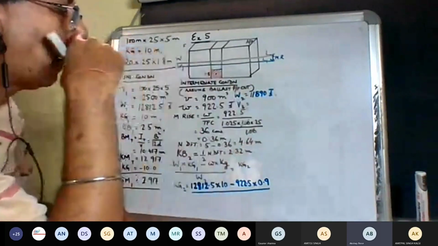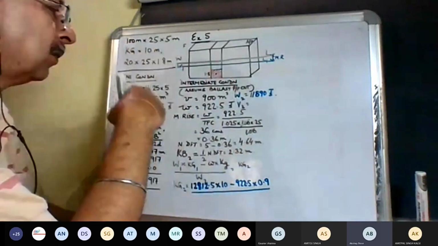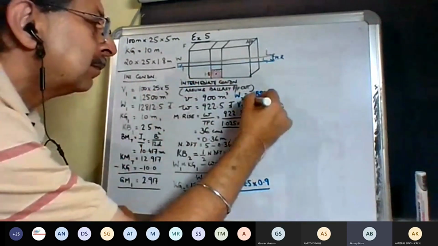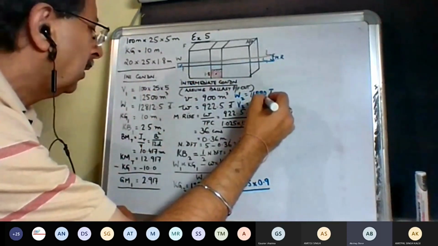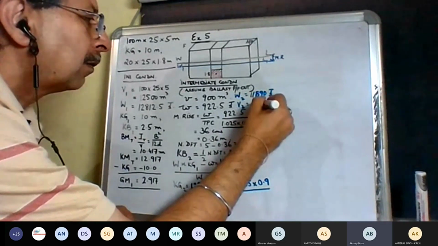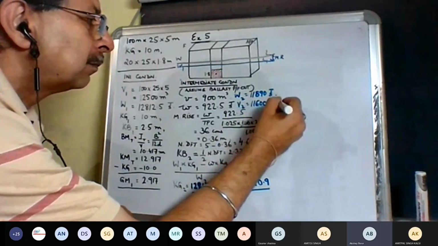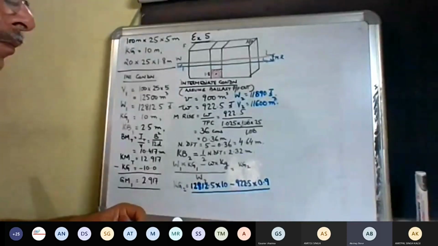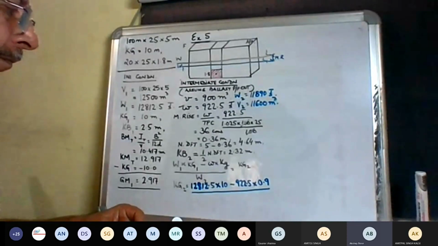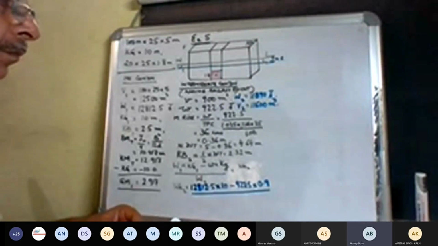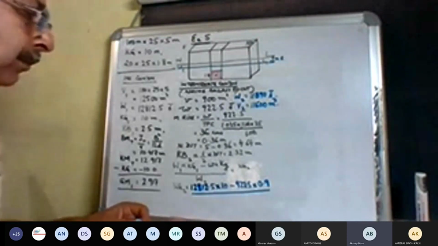Divide this by density. And 12500 minus 900 is the same thing, 11600. This will be the V2. Correct? Is that okay?